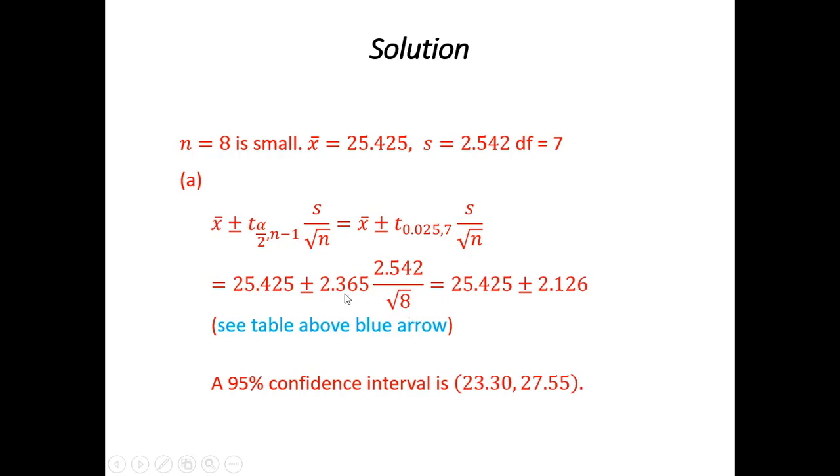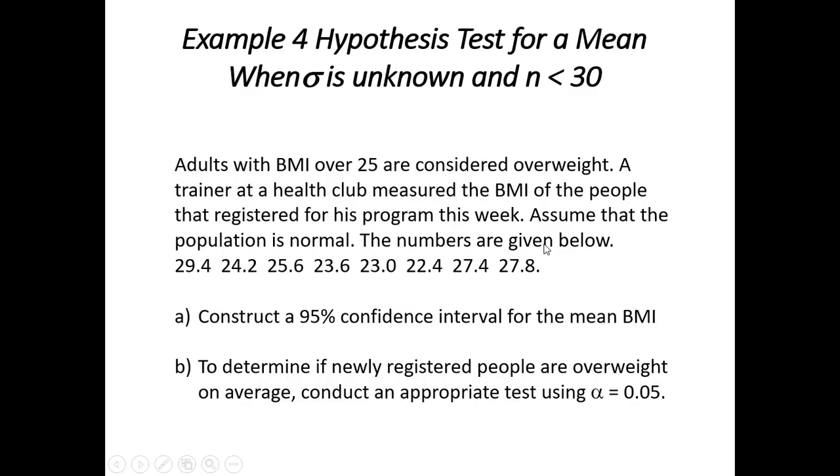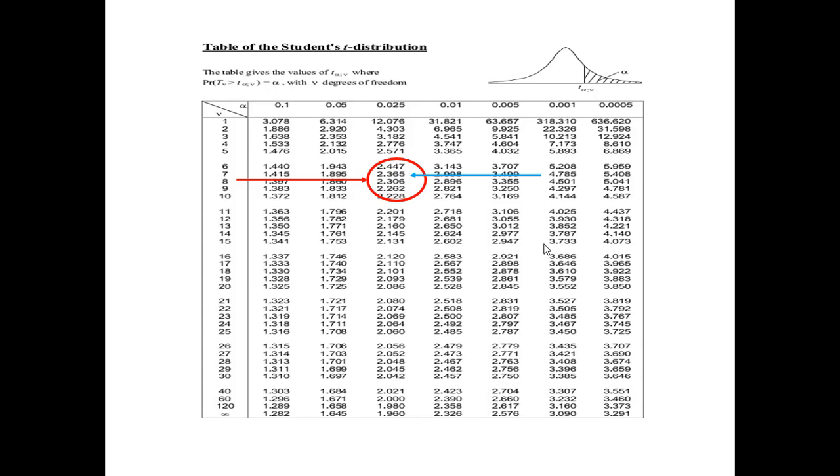So let's go take a look at the table. I need to look in the row where the degrees of freedom is 7. Alpha is 0.05, so alpha over 2 is 0.025. So we go over here. Now we're looking at the blue arrow, which is just sort of one line up.